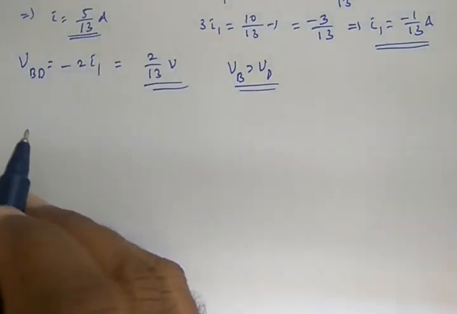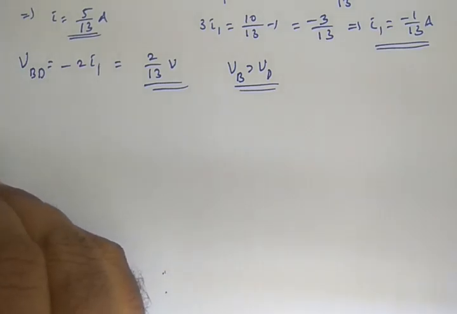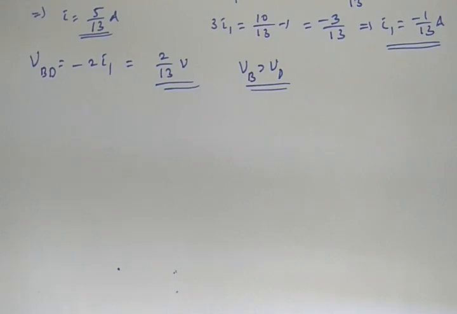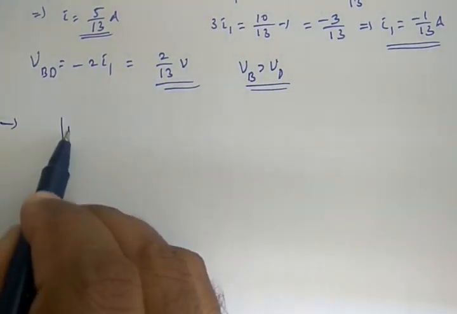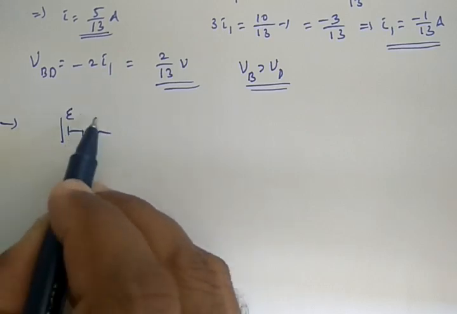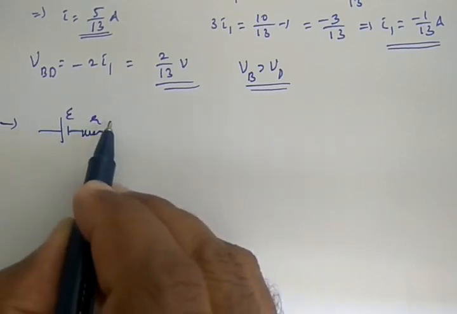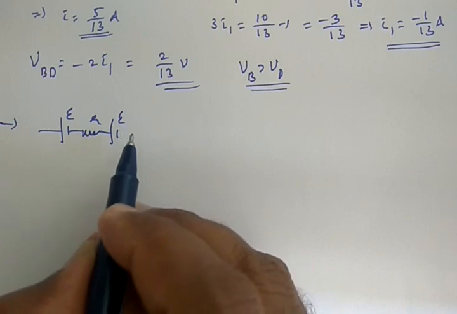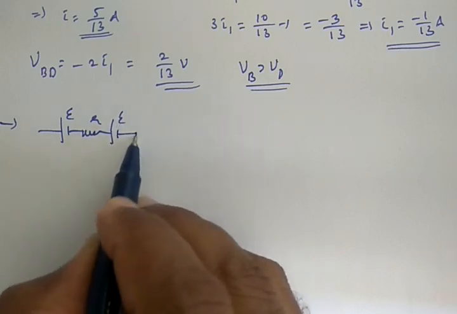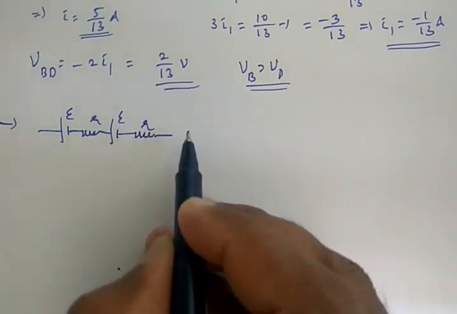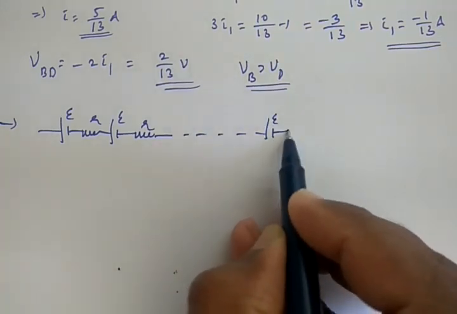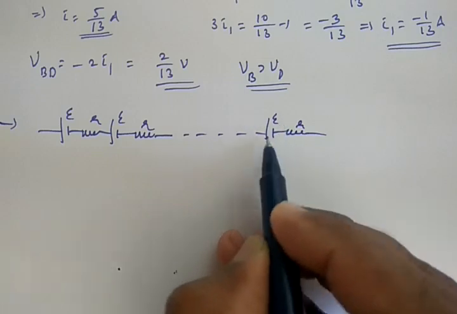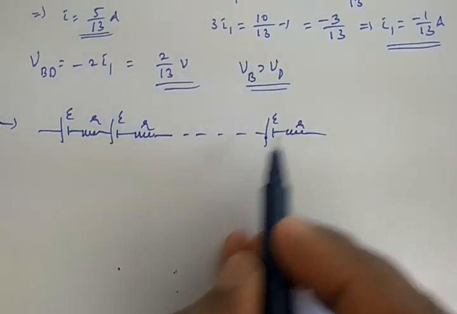So now consider this problem. If I connect n number of cells, say one cell of EMF E and internal resistance R, and one more cell of EMF E and internal resistance R, and like that I am connecting n number of cells. Say this is the first cell, second, and so on, that is the nth cell.